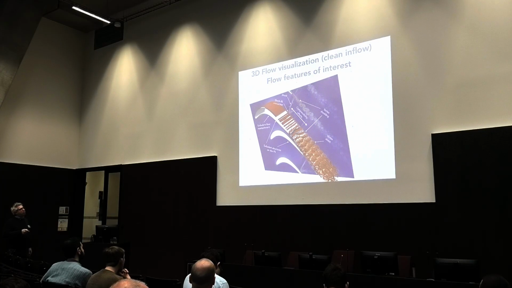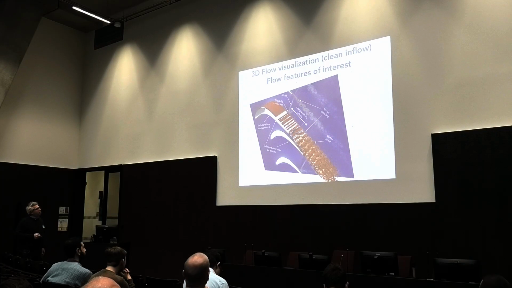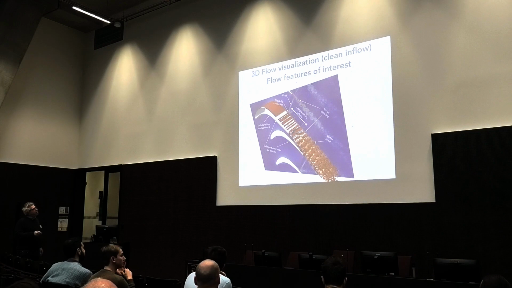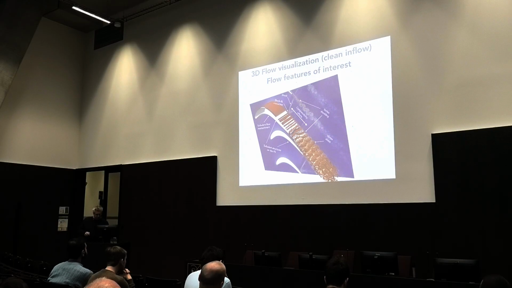So the shock wave can perturb here the boundary layer, make it separate, and then degrade the aerodynamic performance. You also have turbulent structure on the pressure side. So this is, for those who don't know, the pressure side, and on the top, the suction side, like an airfoil of an aircraft. And you also have a boundary layer separation on the pressure side.